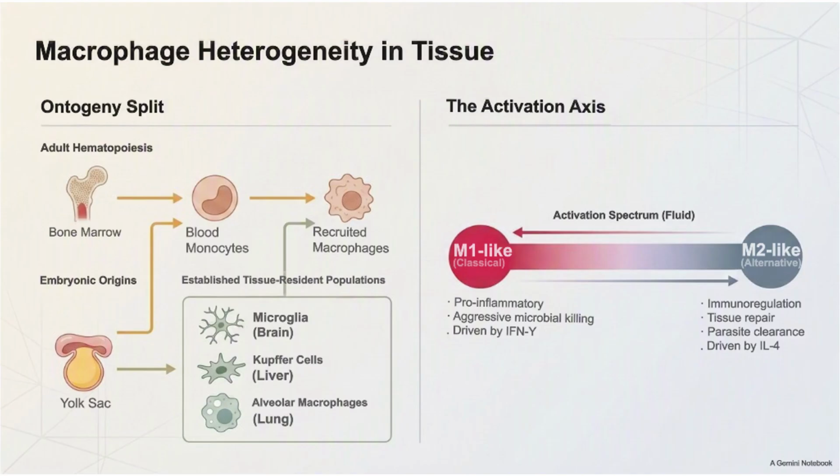That's why thinking in terms of an activation spectrum is more useful than imagining that every macrophage is permanently stamped as M1 or M2. So macrophages show us that immune cells can do much more than destroy invaders.